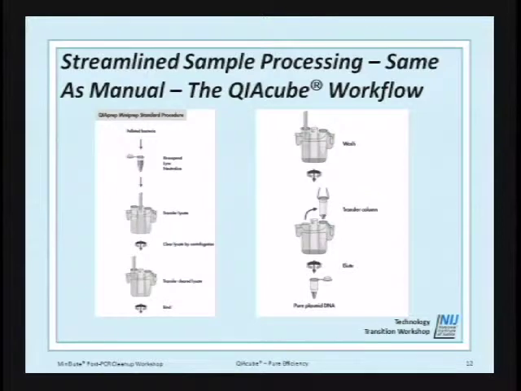What the QIAcube does is basically take the same processes you use for processing the same mini spin columns that you would do manually and does them within the instrument. It uses the same kits, the same buffers, it just takes the same protocol and does it within the instrument without the human potential for variation of your data and your yield.